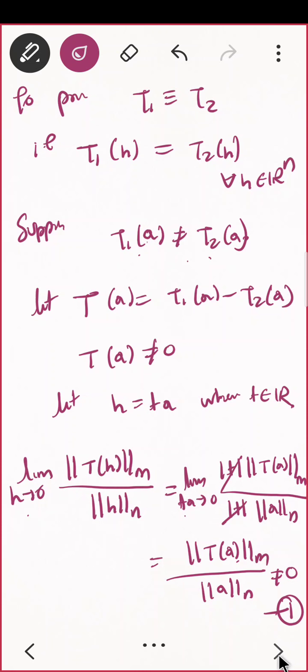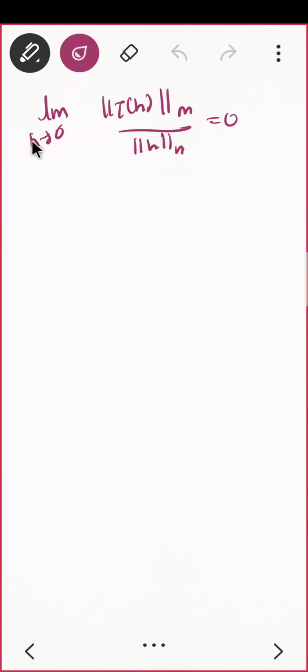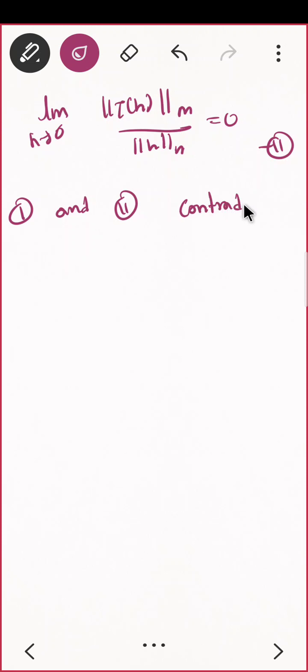That's why I did this at the start. This is equation 2. So 1 and 2 contradict each other. So our assumption is wrong.